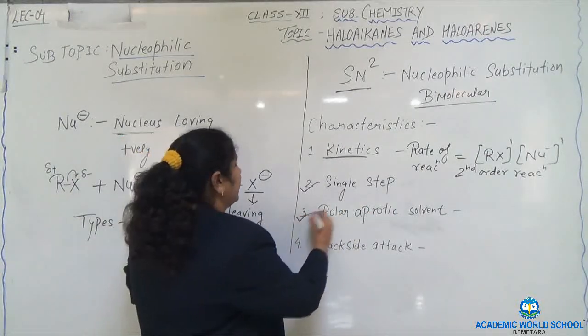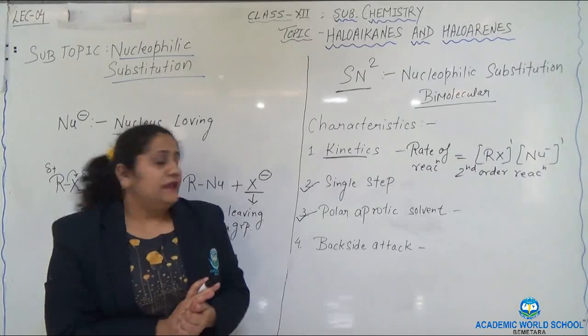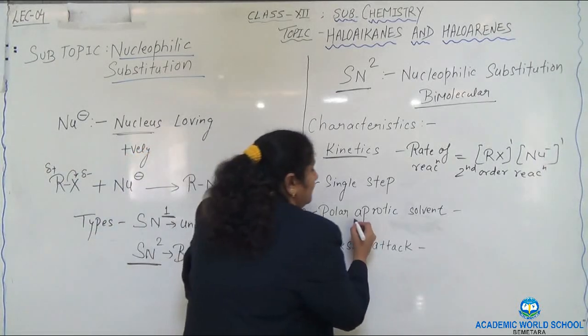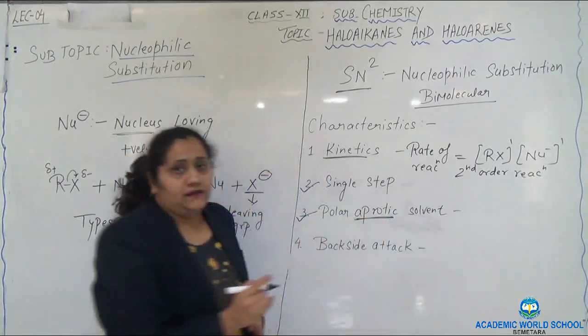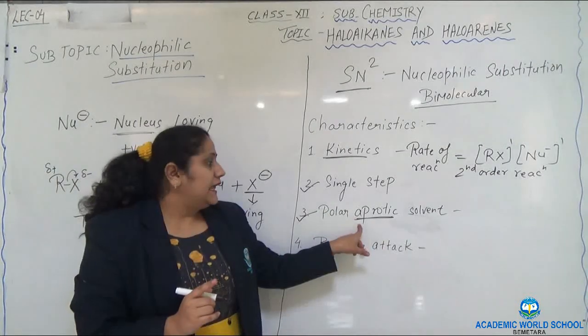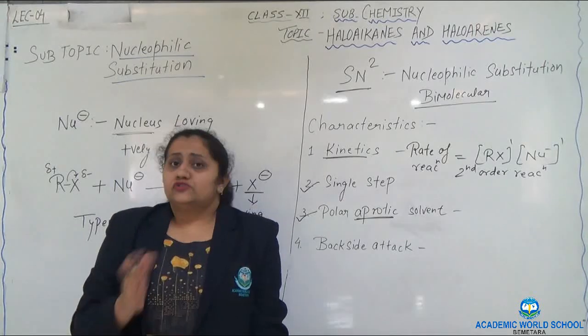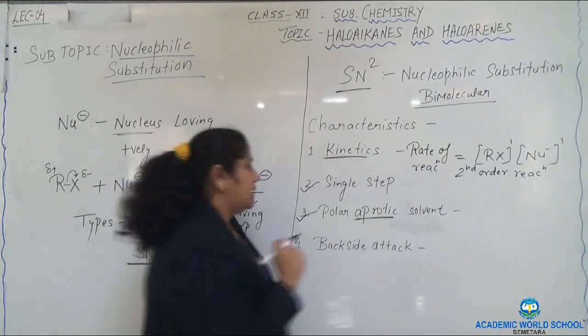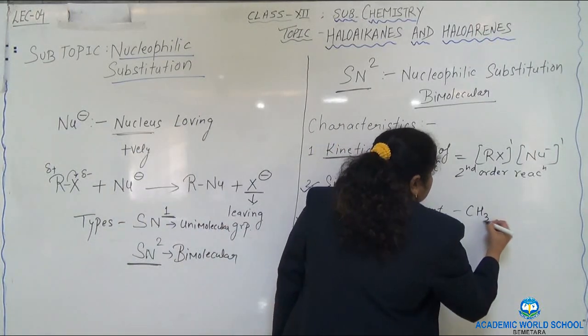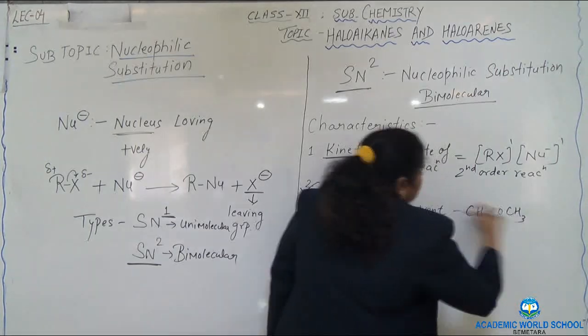Third, in an SN2 reaction we require a polar but aprotic solvent. What do you mean by aprotic? A means no and protic means proton. These are solvents which do not have a free proton, for example acetone, CH3COCH3.